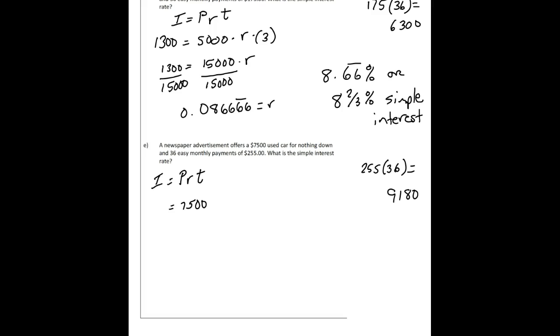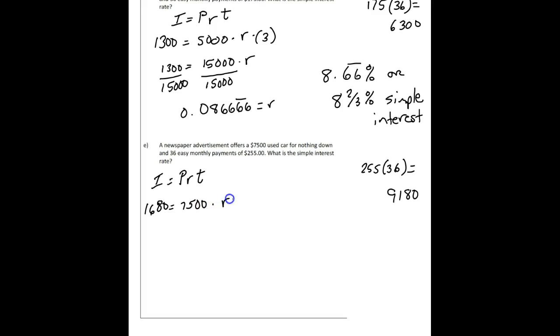So if you subtract the initial price of the $7,500, you get how much of that is in interest. And it looks like $1,680.